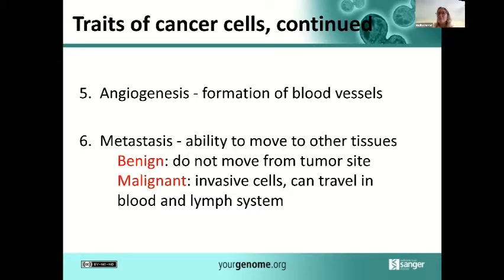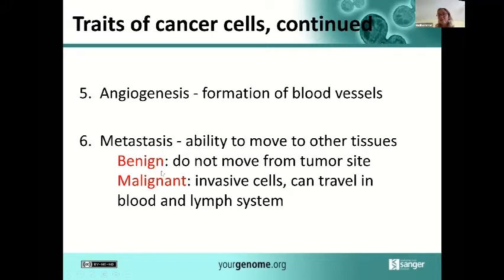So they grow blood vessels around the tumor so they can get the oxygen and the nutrients. And then once they've done that, they're able to do metastasis. So you may have heard the phrase, the cancer has metastasized, which means it's spread to other parts of the body.